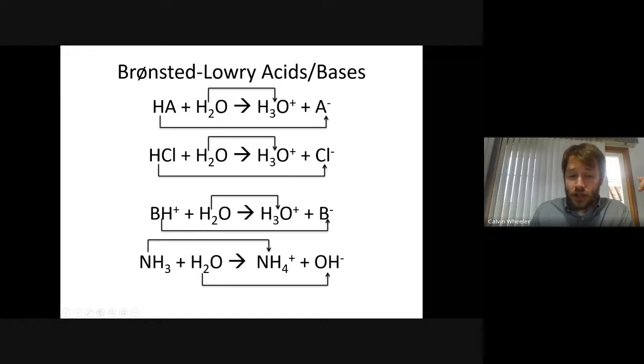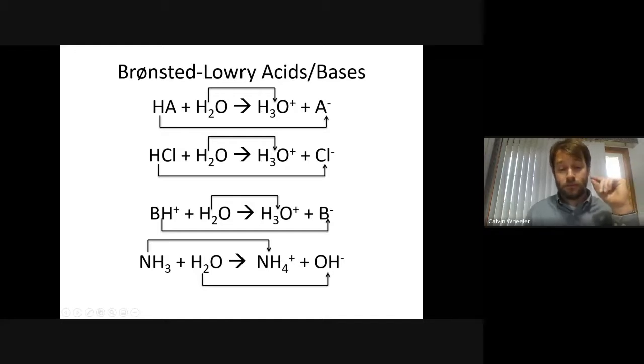It goes to hydroxide. Well, there's our hydroxide showing up for the Arrhenius definition. So water is losing a hydrogen ion. So if it's losing a hydrogen ion, it must be giving it away or donating it somewhere else. Where is it donating it to? It's donating it to ammonia, the base. So in this case, water is functioning as an acid. Up here, water is functioning as a base. Down here, water is functioning as an acid.